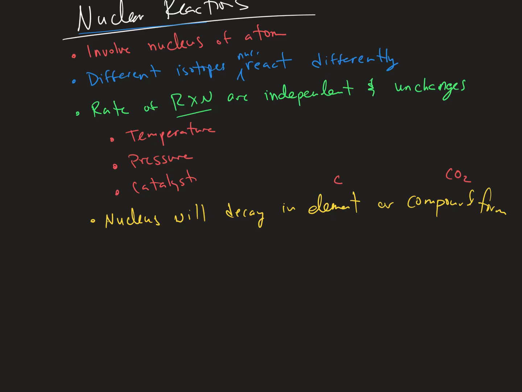So I'm basically just writing all this stuff down that we already talked about. And the big thing, energy in a nuclear reaction is much, much greater than in chemical reactions.